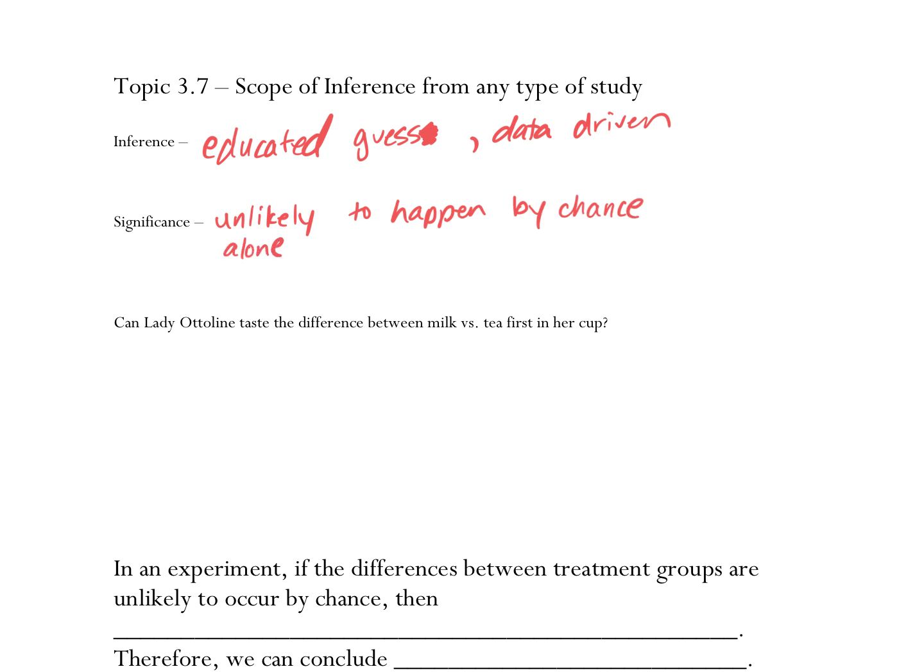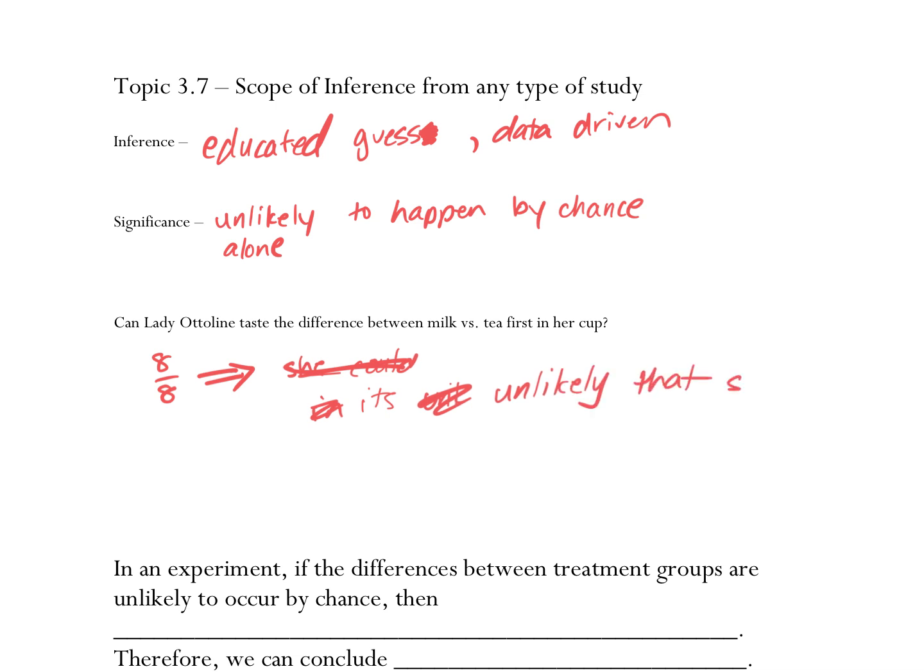All right, so as we said, Lady Adeline getting 8 out of 8 correct convinced us, yeah? And why was that convincing? It's unlikely that she guessed correctly that many times.